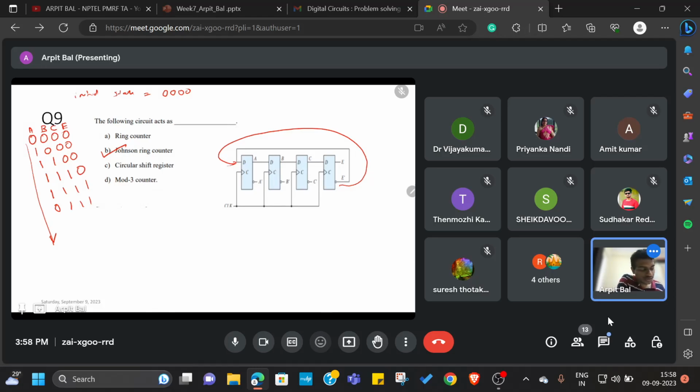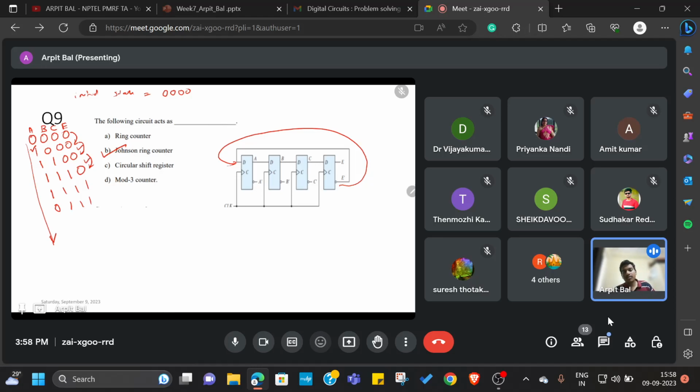Okay, so the benefit of this particular counter is you can observe that at any particular count there is no more than 1 bit toggling, right? So if we go from this state to this state, only 1 bit changes. This state to this state, 1 bit changes. This state to this state, 1 bit changes.